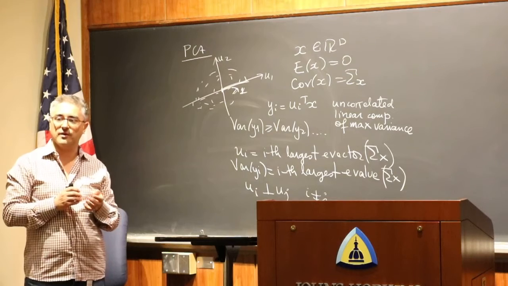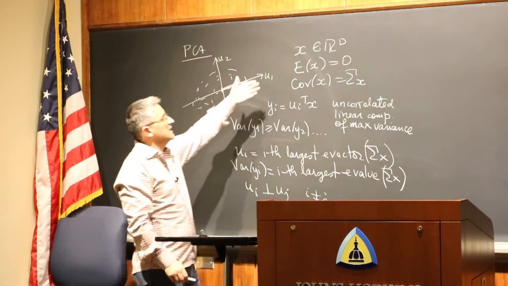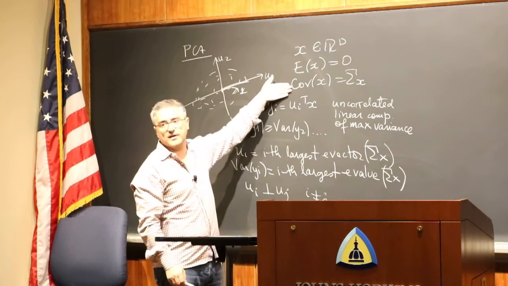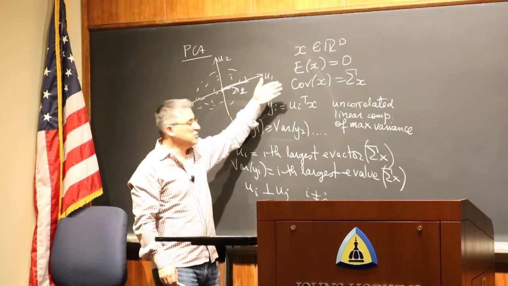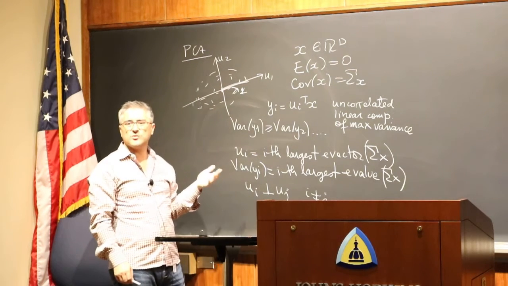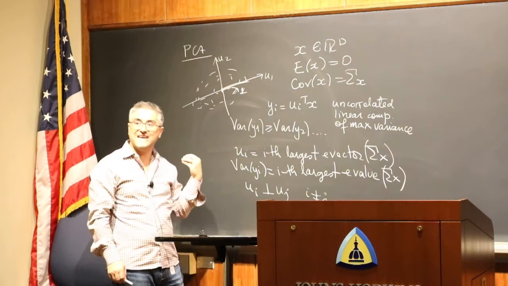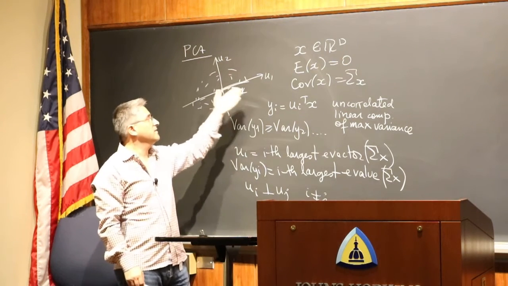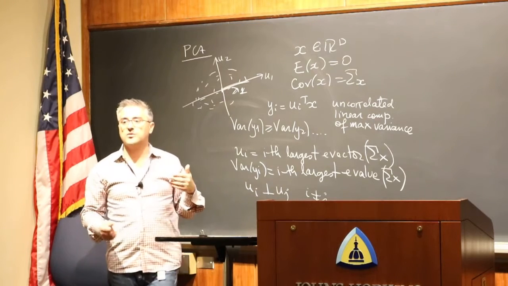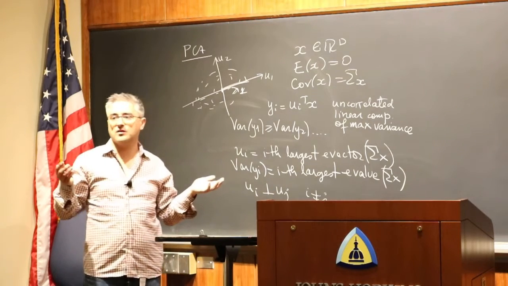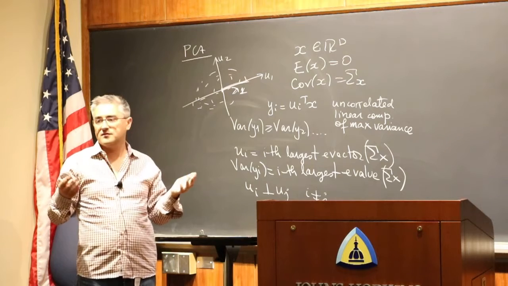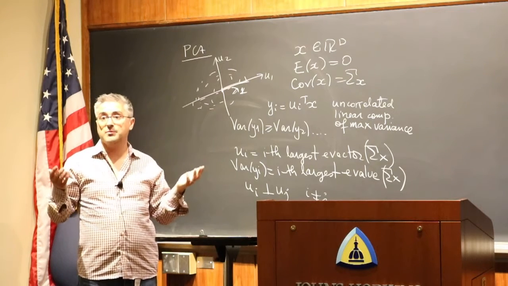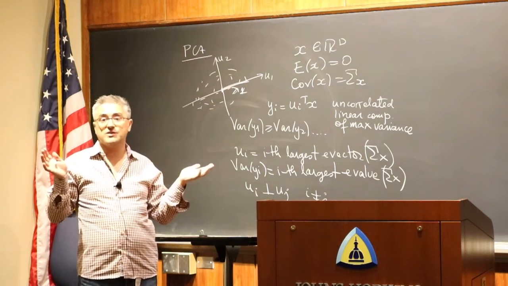The reason being the following. The starting point is that I know the mean and I know the covariance of a random variable. So everything that I've written here doesn't really operate on data, but rather it operates on the covariance of x. So in other words, there is some probability model, and I know the covariance of the population, and based on that, I can find the principal components of the population.